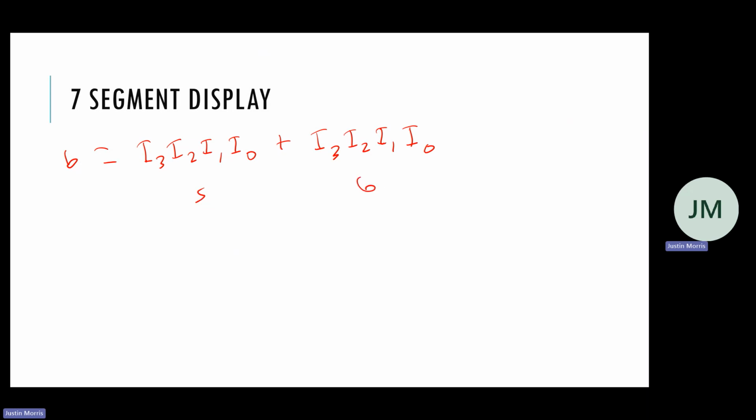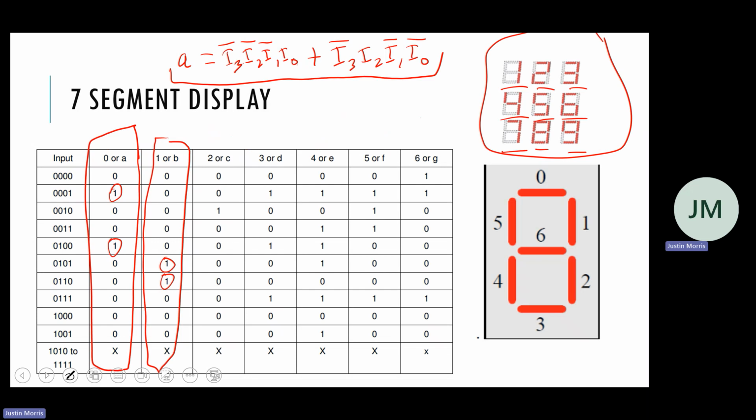And I need this to be 5, I need this to be 6, right? So I3 needs to be, yep, I2, I1, I0. And then for 6, what does I3 need to be? I2 needs to be, I1 needs to be, I0 needs to be. And this is our logic to drive segment 1 or B, whatever you want to call it.